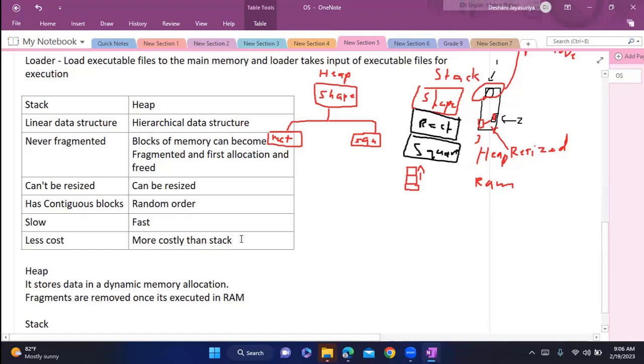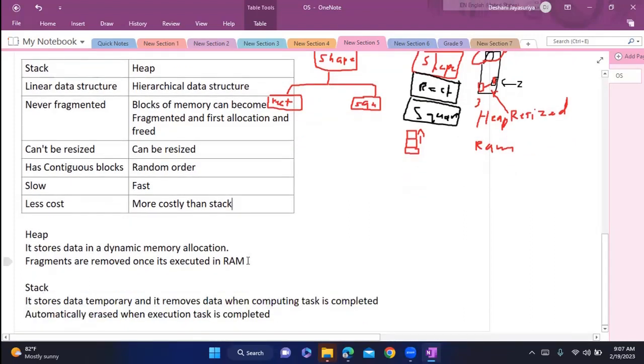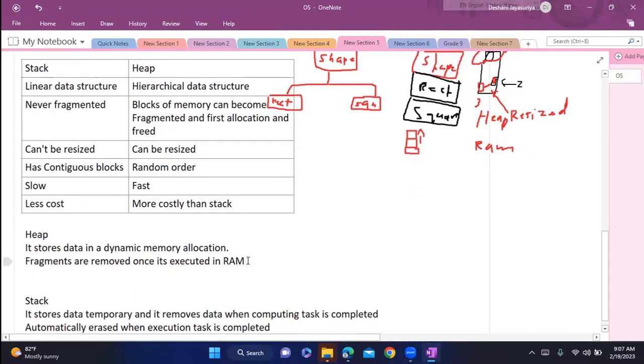The main problem with stack is shortage of memory, because it's not getting removed once it's processed. So remember that as well. I thought to mention that because these will be questions. The disadvantages of stack are those things.